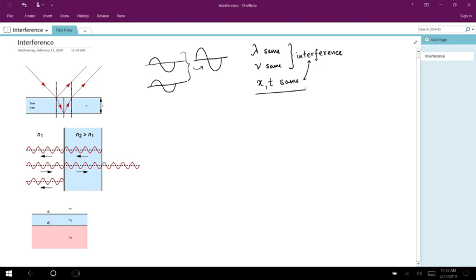So the first topic for interference will be interference from thin films. In this picture, I have a ray of light that is coming in, so I'll call it incident ray I. It is incident on the interface between two media. Let's say this is air and this is something else with refractive index n, which is not equal to 1.